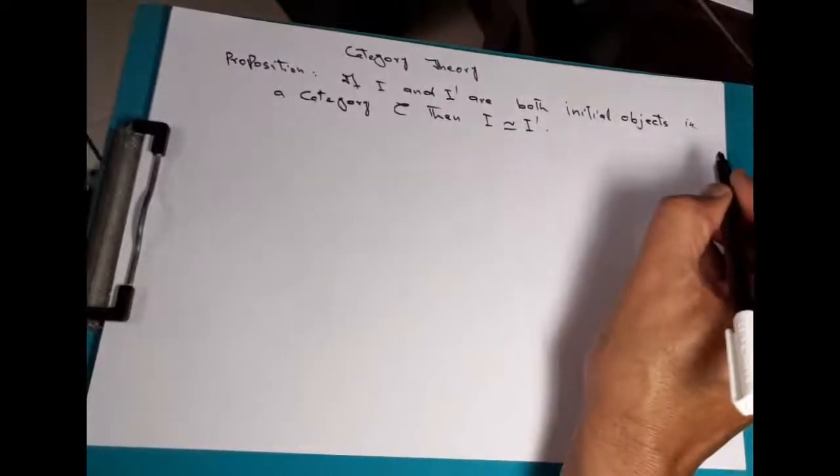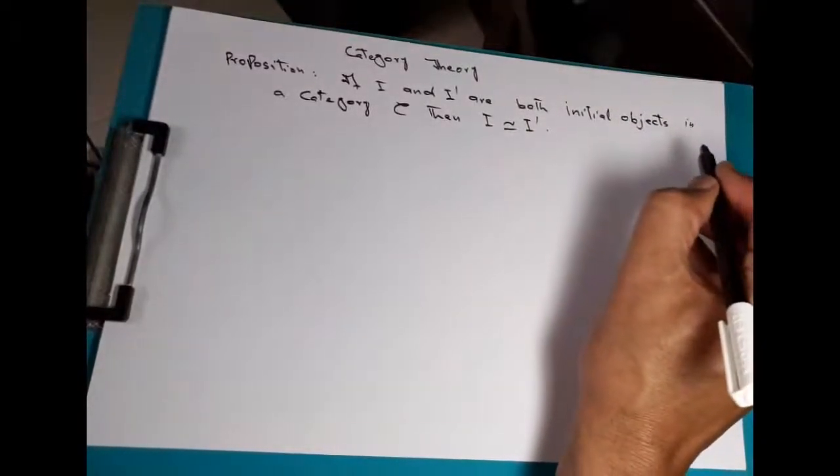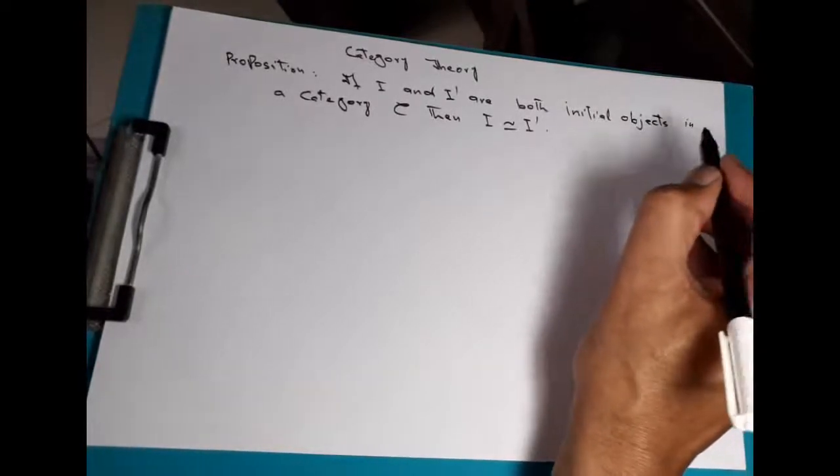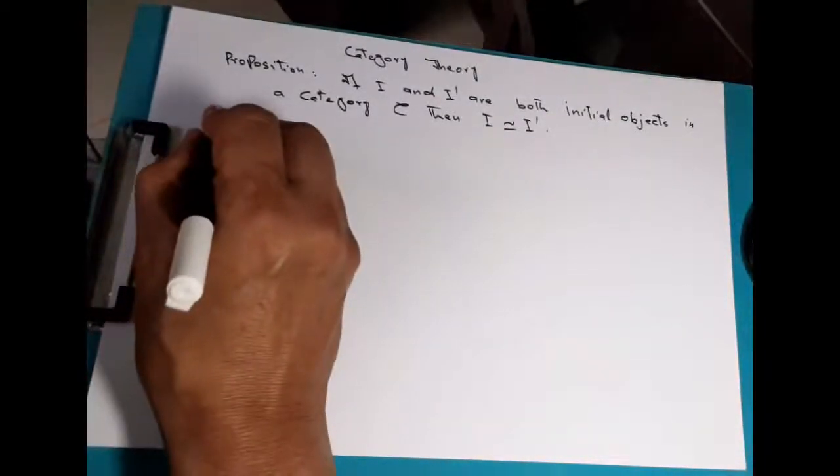This means that initial objects are unique up to isomorphism. So let's prove this proposition.